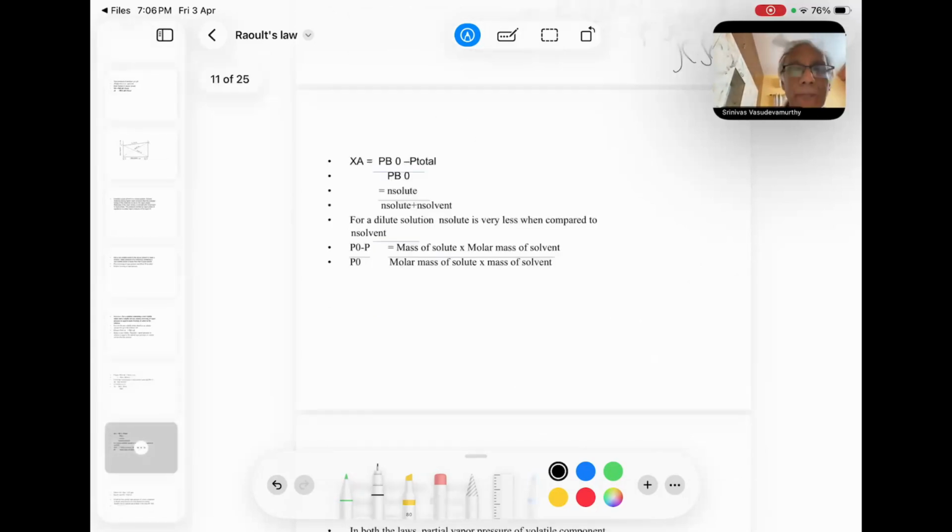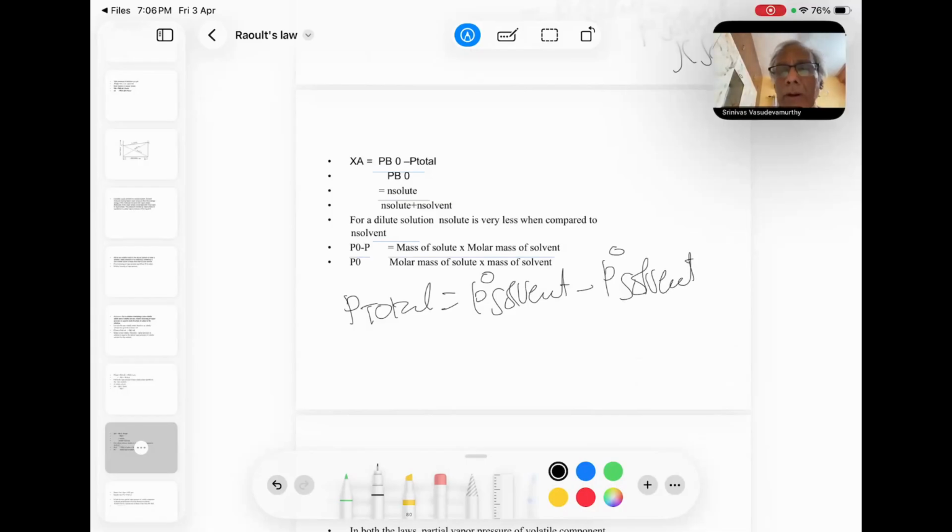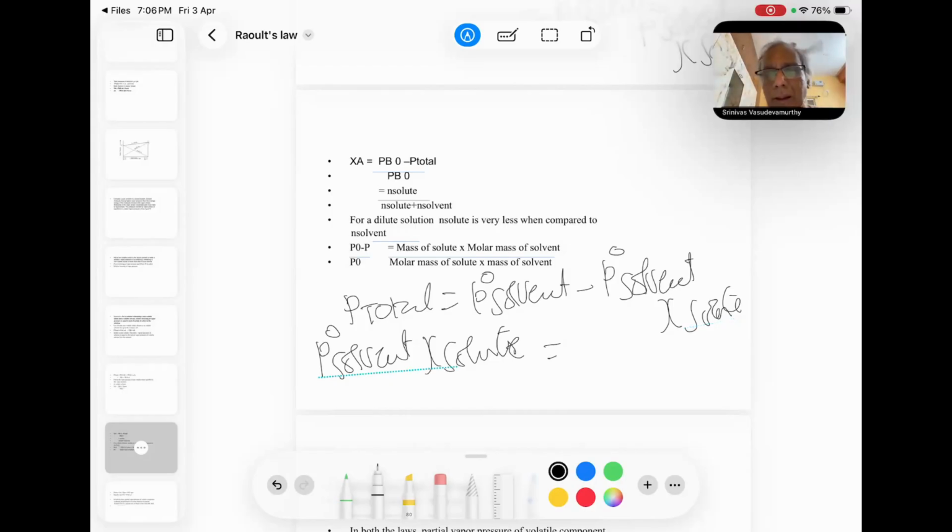Taking it to the other side, P naught solvent into mole fraction of solute is equal to P naught solvent minus P total.